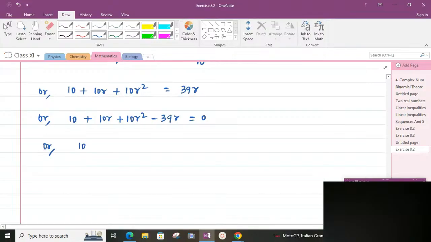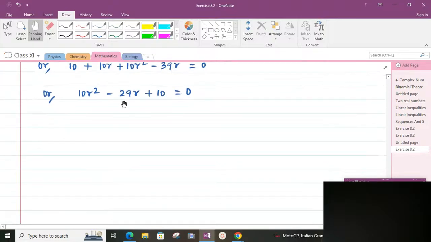So here will be 10r square minus 29r plus 10 equal to 0.